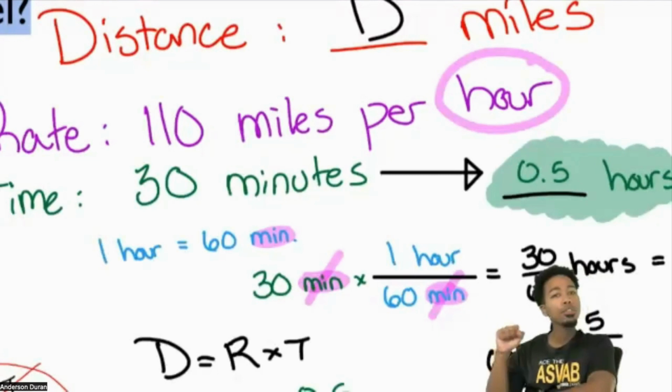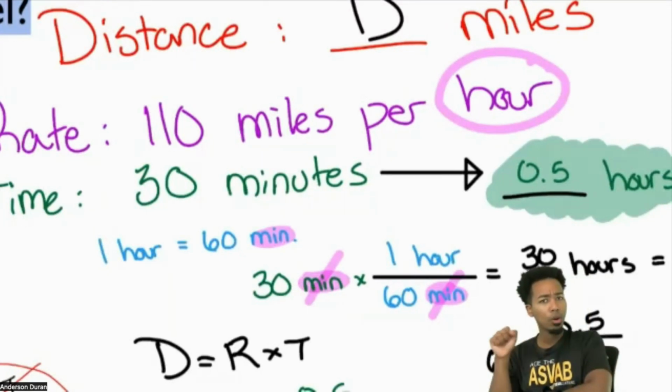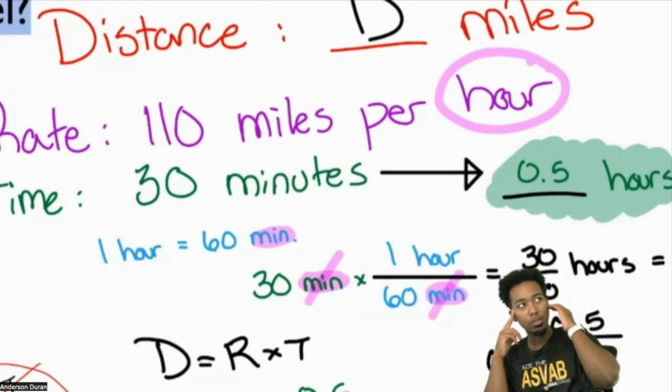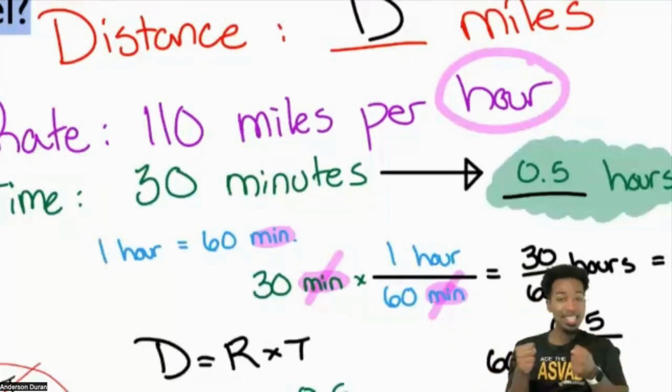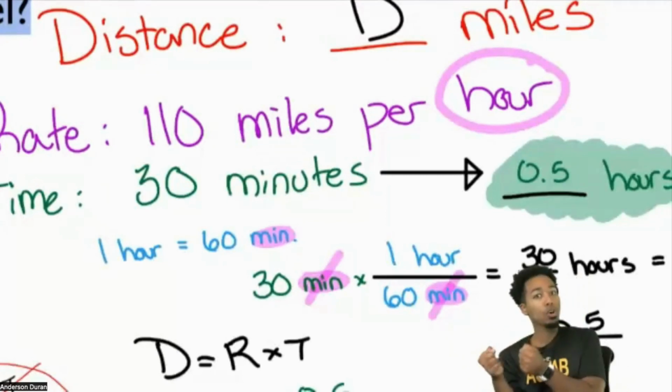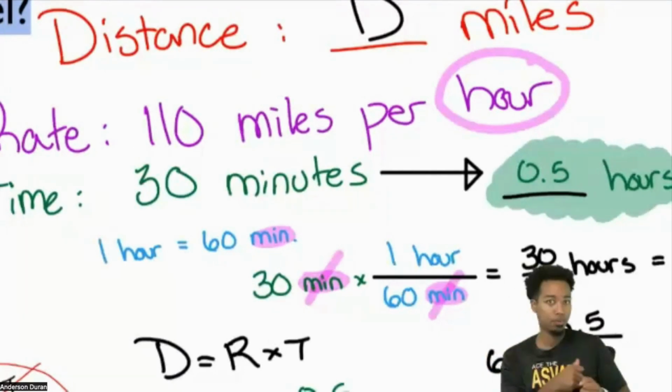If I'm driving for 30 minutes, everybody, if I only drive 30 minutes, can I expect to go more than 110 miles or less than 110 miles? Would I expect less or more? Right, we would expect less. If we're driving for less than an hour, then we would expect to go less than 110 miles because it says 110 every hour, per hour.